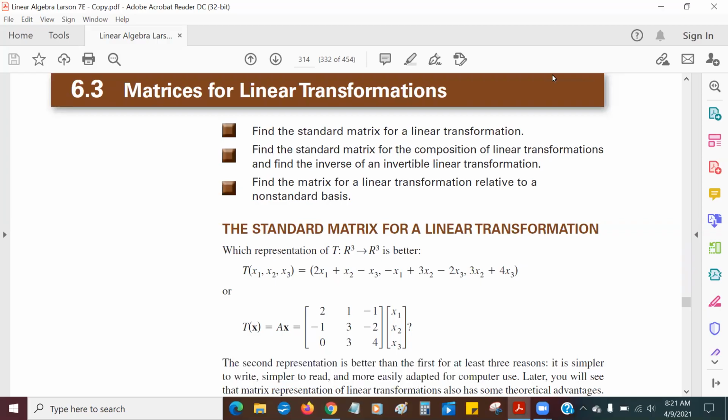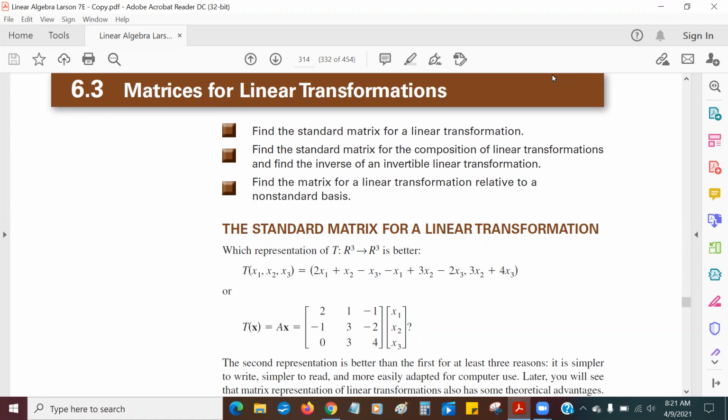So continuing in chapter 6, and we're in section 6.3, matrices for linear transformation. We mentioned that if T of x is equal to Ax, where A is a matrix, so matrix times a vector x, that's a linear transformation.